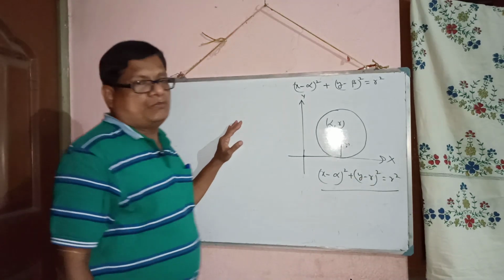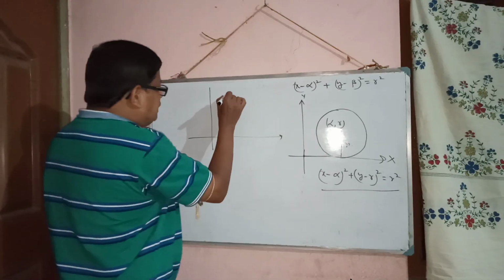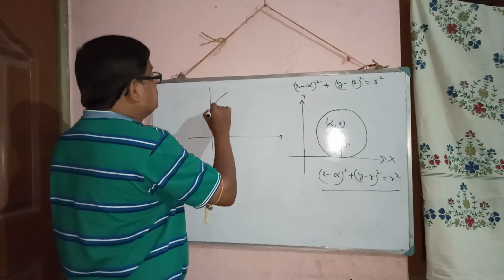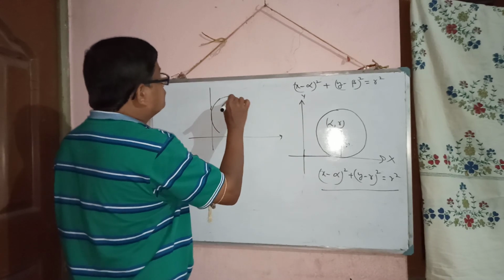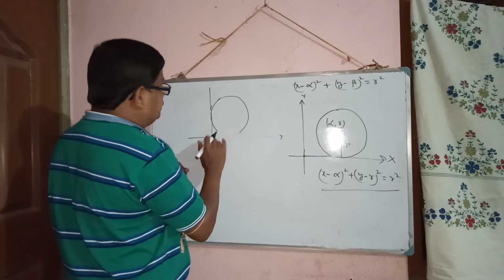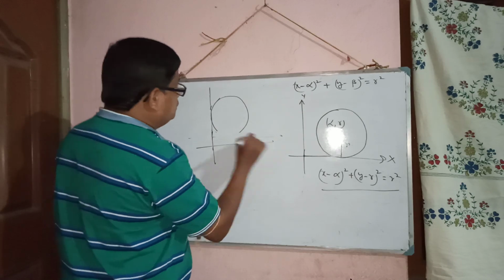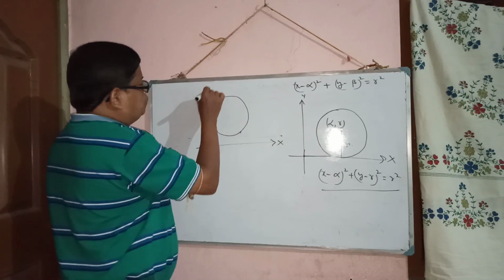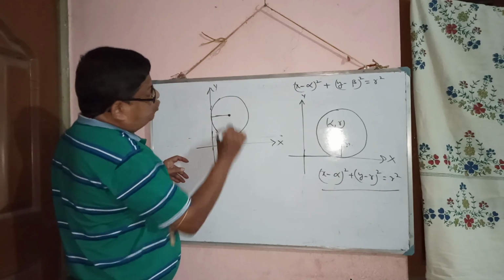Okay, similarly, suppose the circle touches the y-axis. This is the x-axis, this is the y-axis. So here alpha equal to what?